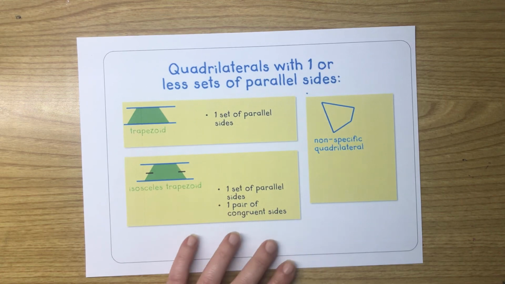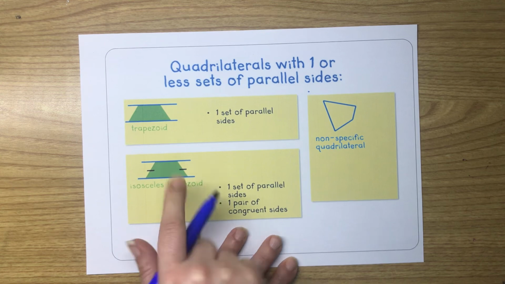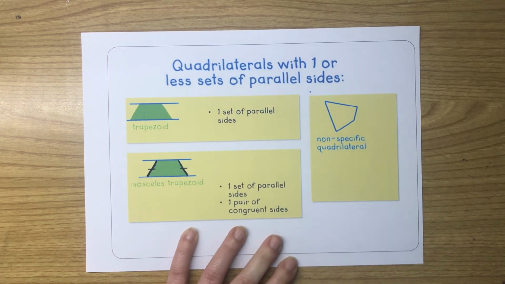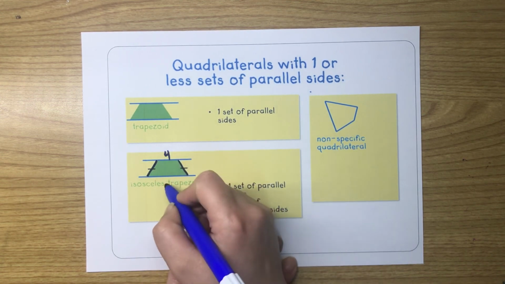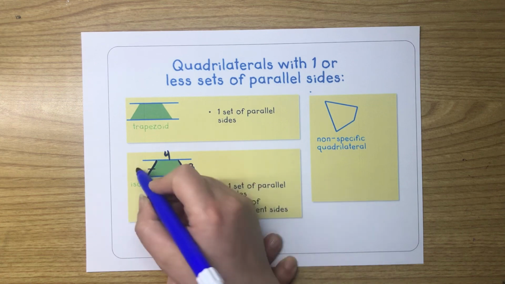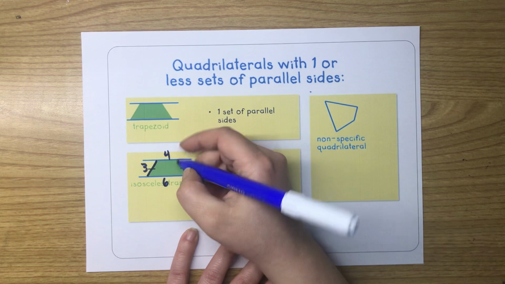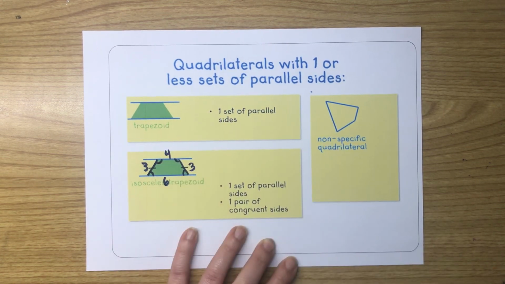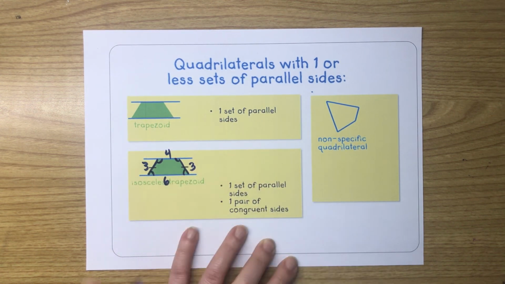But there is a special case called the isosceles trapezoid, when the other pair of sides are equal in length, such as here is 4, here is 6, here is 3, 3. When the other sides of the trapezoid are equal and have the same base angles and the same upper angles, it's called an isosceles trapezoid.